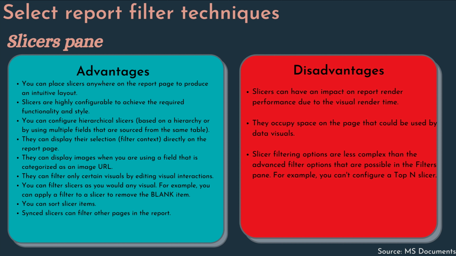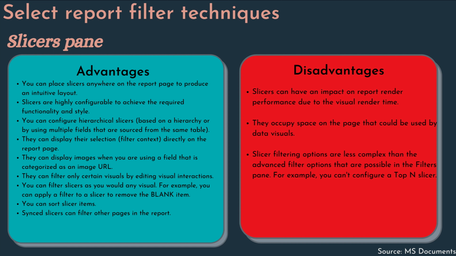However, there are also some downsides of slicers. For example, slicers can have an impact on report render performance due to the visual rendering time, and this is very important, and that's the reason I always suggest you use a drop-down slicer as much as possible. Otherwise, whenever your report starts rendering, it's going to take a lot of time to render all those values.